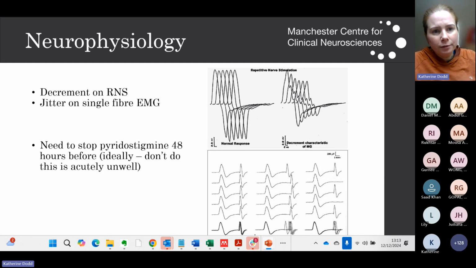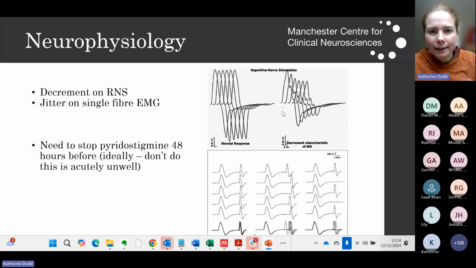And if you ask specifically, they can do repetitive nerve stimulation, where they repetitively stimulate one of the nerves. In myasthenia, you'll get a decrement. This is normal here. Hopefully you can see my cursor. And then on the right, there's this decrement. The amplitude comes down as you repetitively stimulate that nerve.